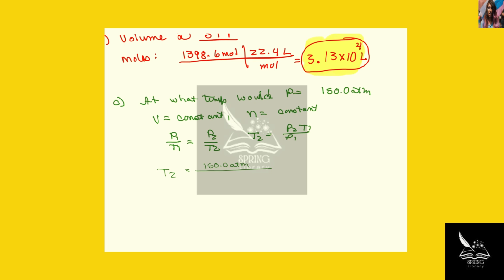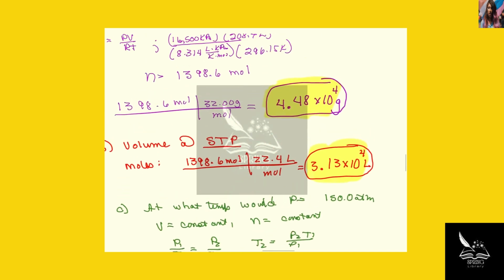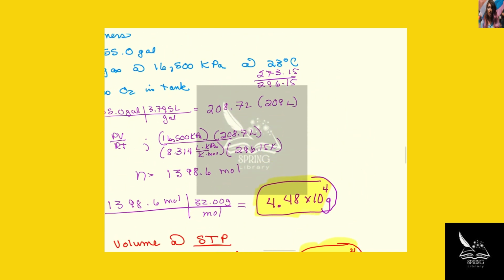And P1 is 16,500 kPa, and that'll be 101.3 kPa per atmosphere. And my temperature was 296.15.